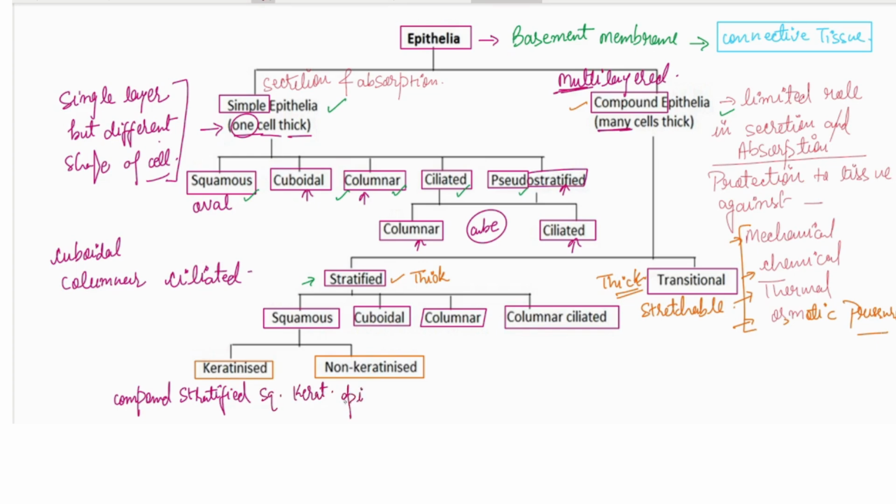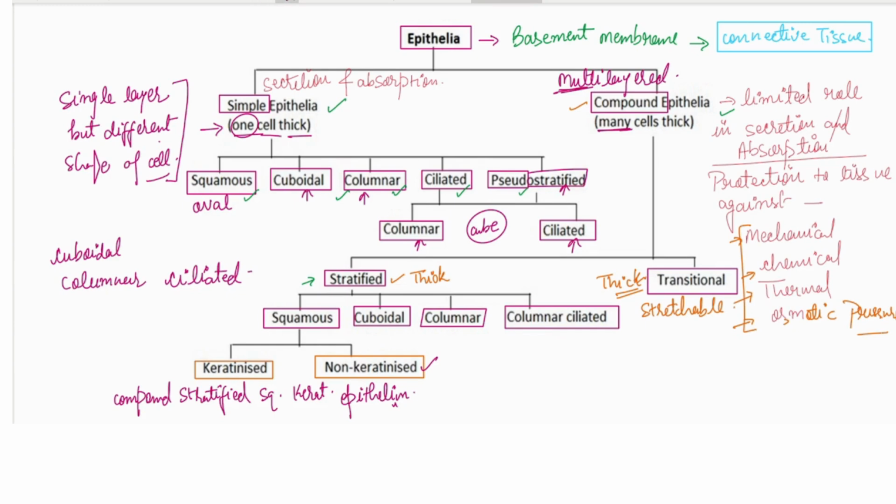That would be the bigger name, but it is the name. In the same way you can give the name to the non-keratinized one: compound stratified squamous non-keratinized epithelium. Okay, so I hope all the terms are clear to you now.